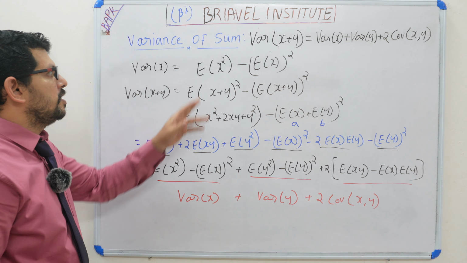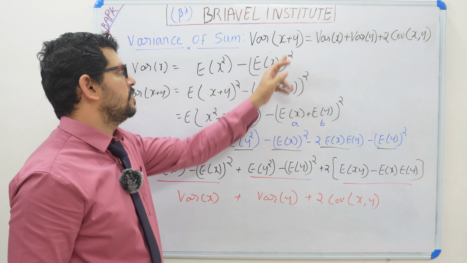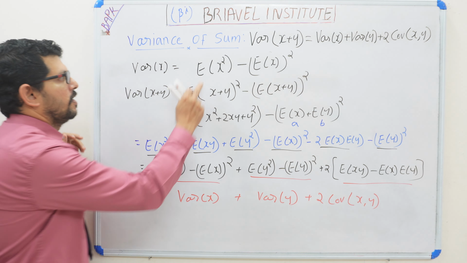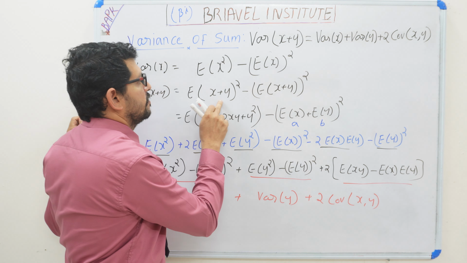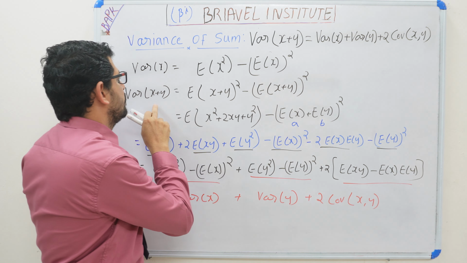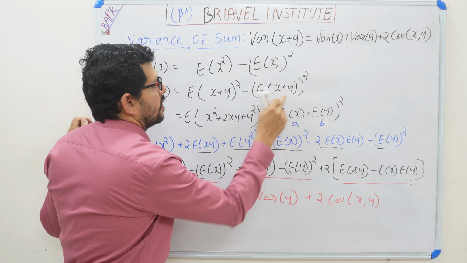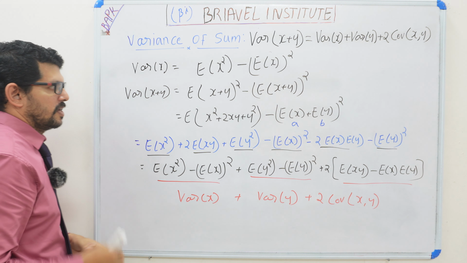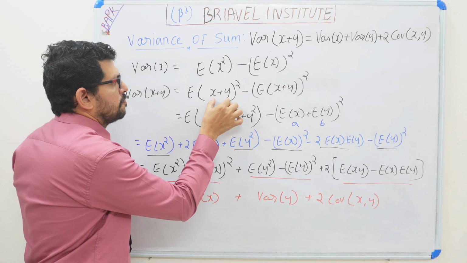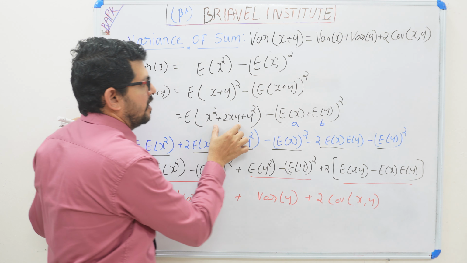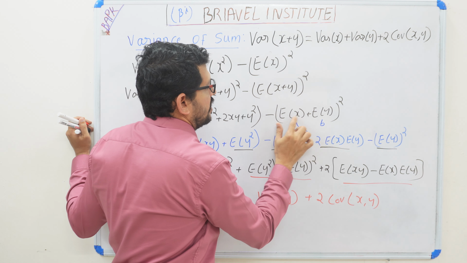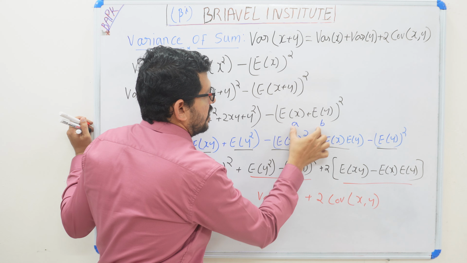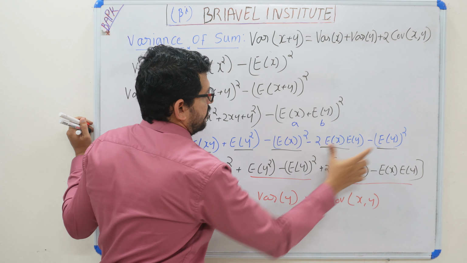So expectation of S square minus expectation of S whole square, this is one of the formulas. We write expectation of S plus Y whole square minus expectation of S plus Y whole square. Just this is A plus B whole square, we written like that. Same expectation is given here. And this is also A plus B whole square, we proved here.